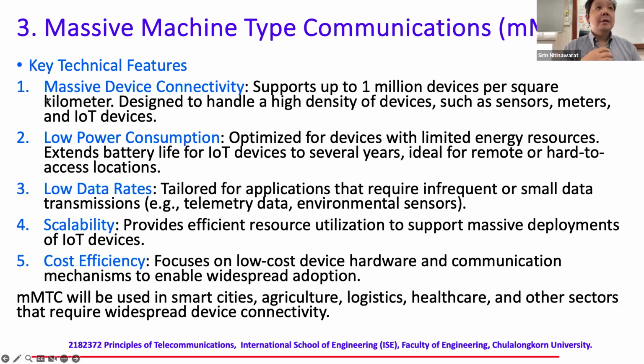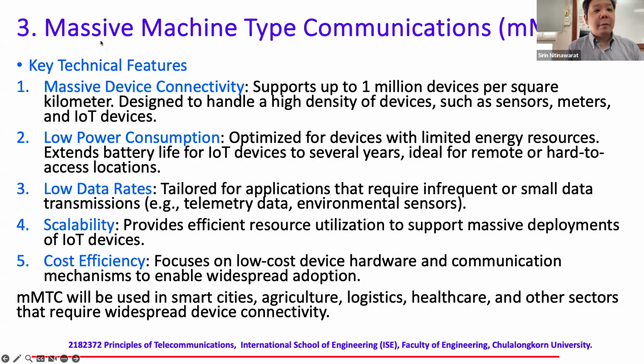And the reason why this low power and massive device connectivity can be traded off is that these devices often require very low data rates. Because if individual devices are communicating with very high data rate, then if you have millions of devices, the capacity will exceed the idealistic capacity of 5G.